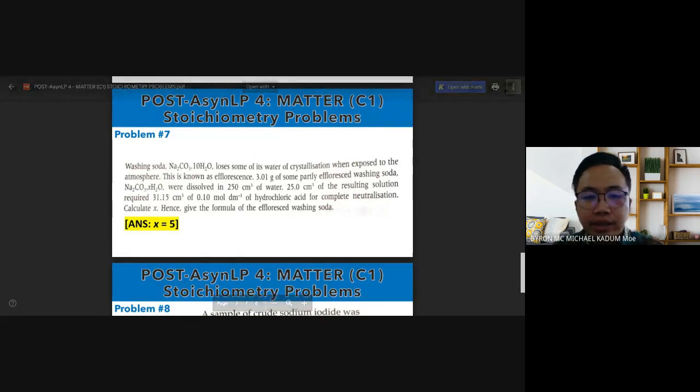Maksudnya, lepas dia ambil washing soda ni, dia larutkan di dalam air, lepas tu dia ambil 25 cm3, dan dia beritahu 25 cm3 ini memerlukan sebanyak 31.15 cm3 of 0.1 molar hydrochloric acid for complete neutralization.